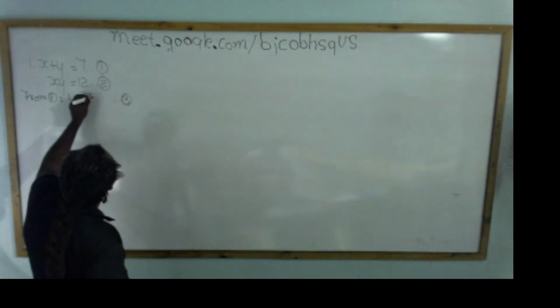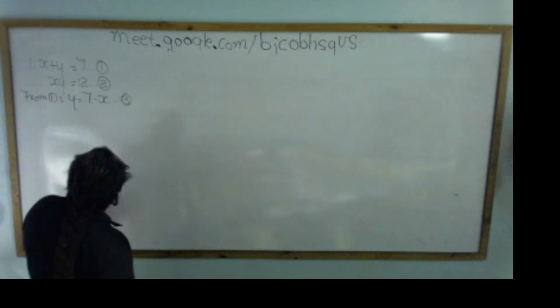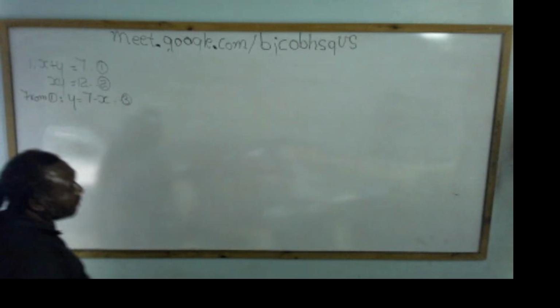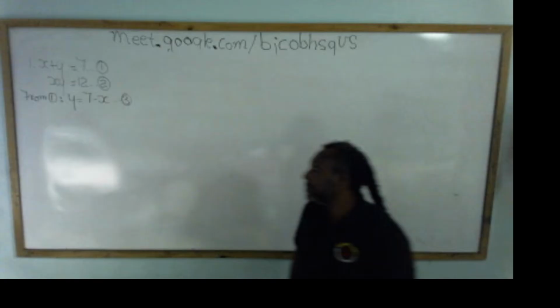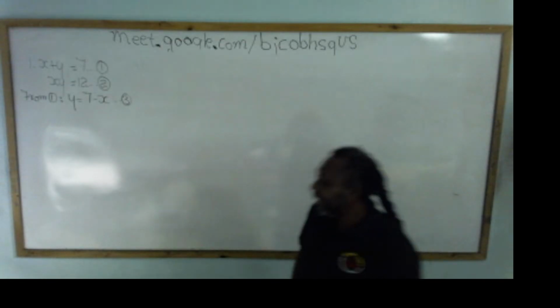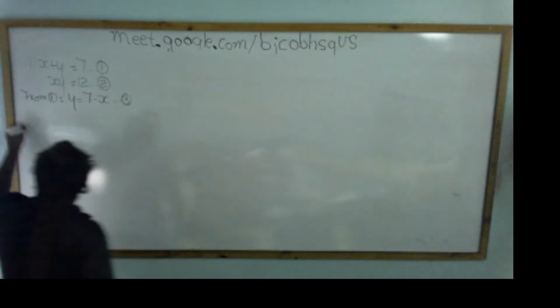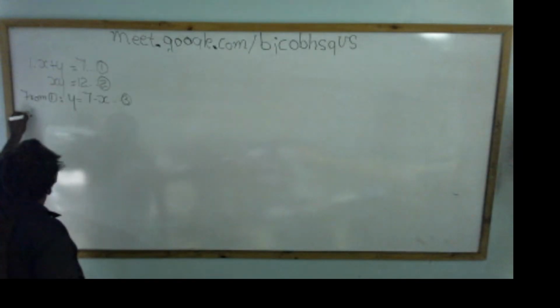From equation 1, y is equal to 7 minus x. We're going to put that into equation 2.